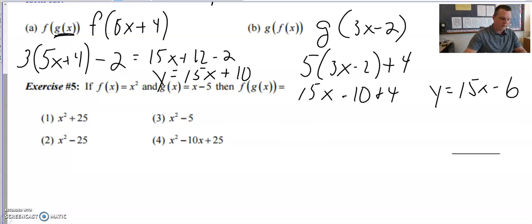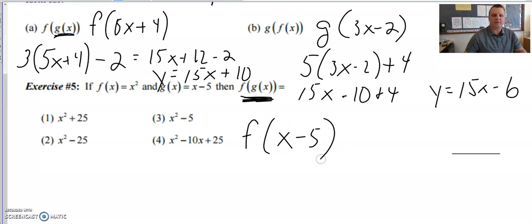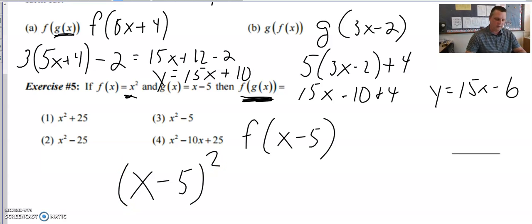And then with a quadratic as well, if f of x is x squared, this is exercise 5, and g of x is x minus 5, then f of g of x, because g of x is x minus 5, that has to go in for my x in f of x, so I have an x minus 5 quantity squared. Now be careful of that. That's not just x squared minus 25 or x squared plus 25. You have to box it.